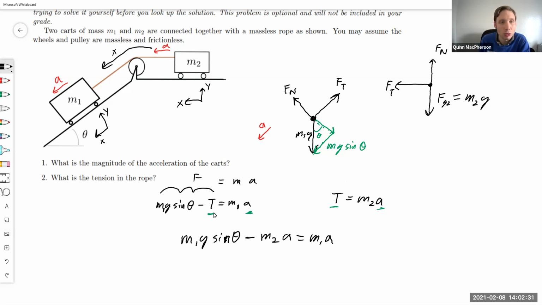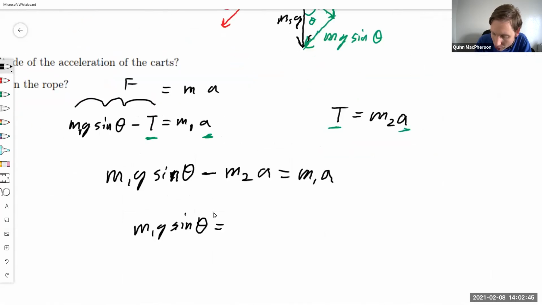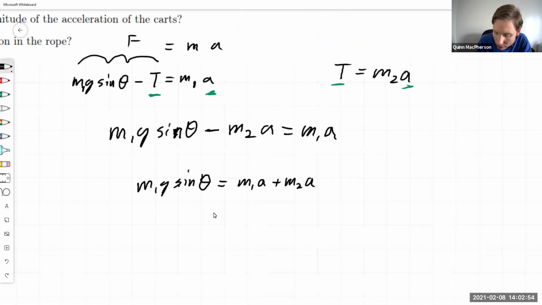Okay, now I'm down to one equation, one unknown, aka a. I want to get a by itself. So m1 g sine theta is equal to m1 a plus m2 a.